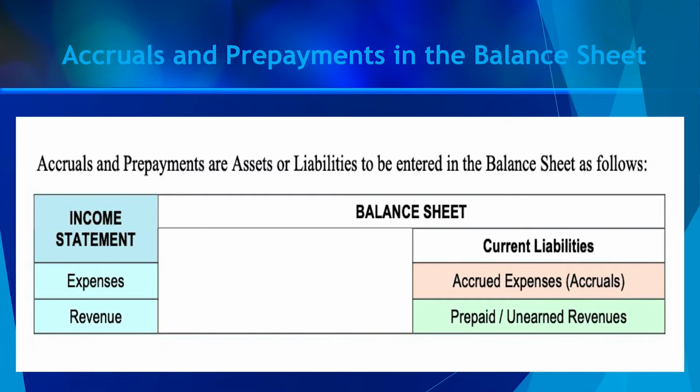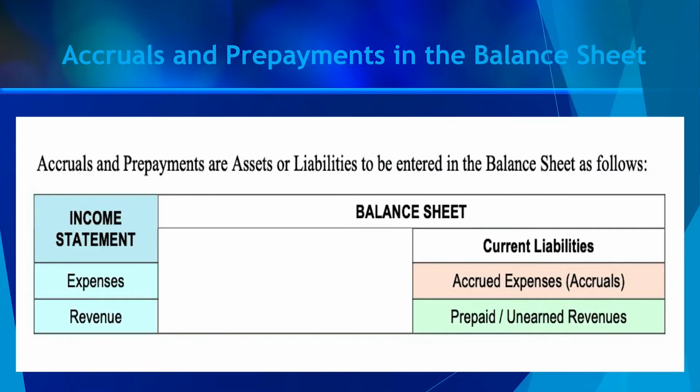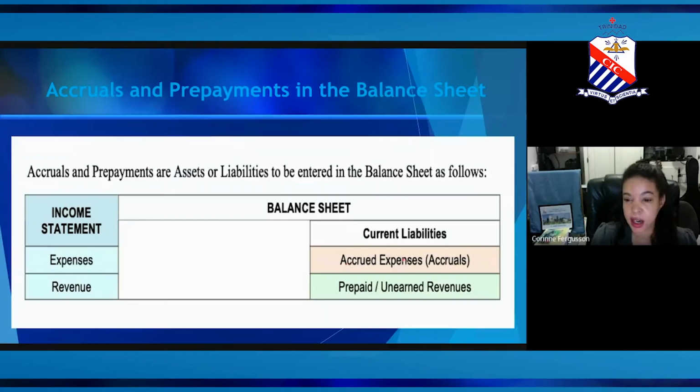When you're looking at your current liabilities, accrued expenses are expenses that have been incurred, but you are owing because you have not paid them as yet. So you're owing money. Therefore, accrued expense is a current liability, and you cannot have two accrueds and two expenses. So the other one will have to be the prepaid revenue.